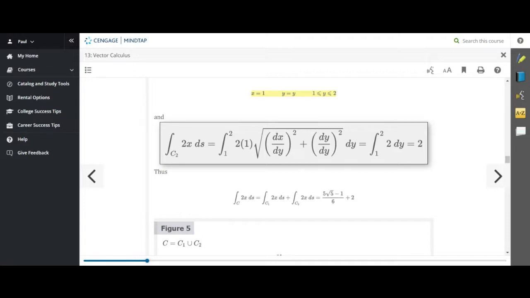And so you have not dx/dt but dx/dy squared, and you don't have dy/dt, you have dy/dy squared, and that'll work out to be a 2. Are there any questions on this? Please let me know.